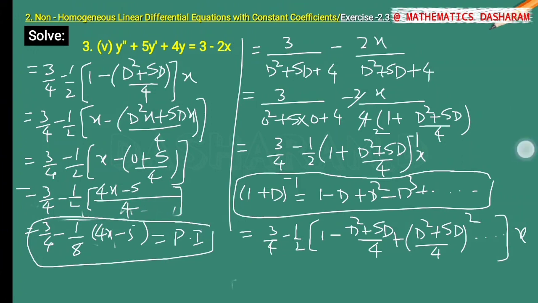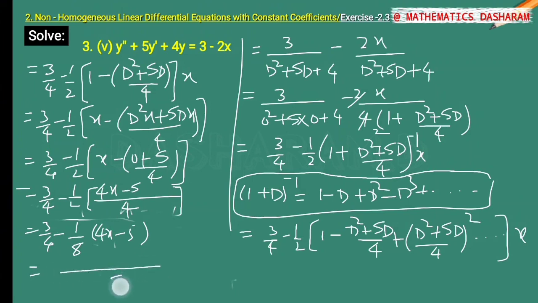So now the general solution. So let us simplify this. Here 8 is the LCM, 3 times 2 is 6, minus 4x, minus into minus plus 5.